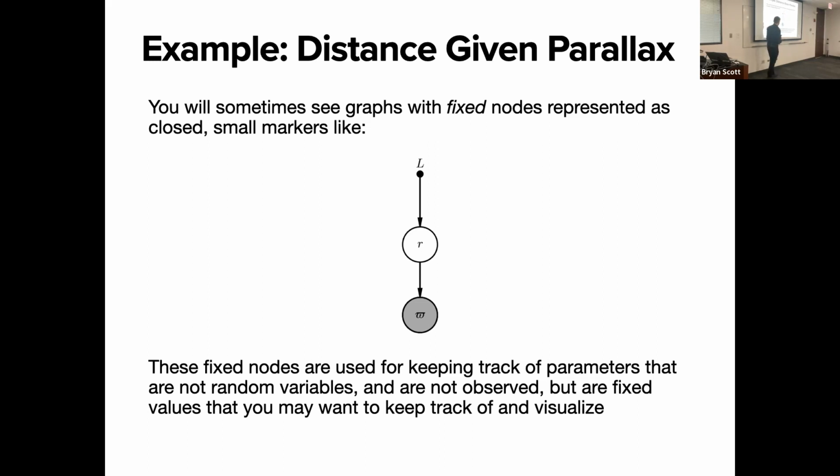So they're useful for housekeeping, for remembering what distributions or variables or parameters go into priors, even if we fix them ahead of time. So the three concepts now: unobserved or latent is unfilled, observed or data is shaded, fixed is a closed small marker.